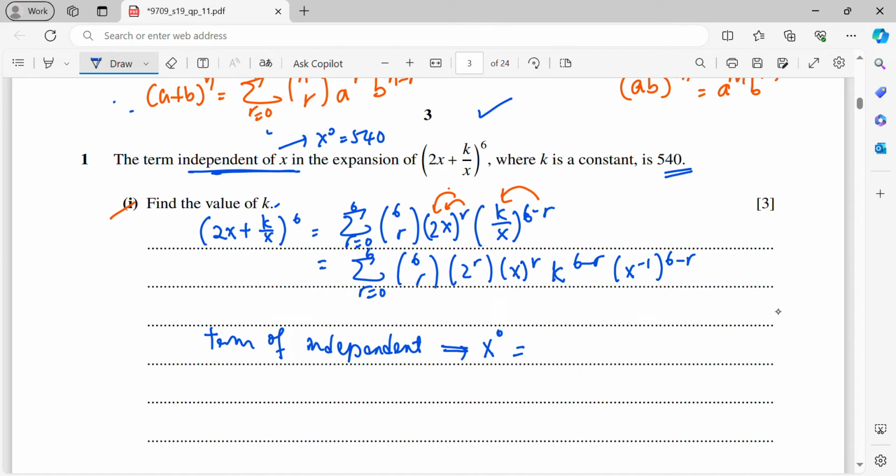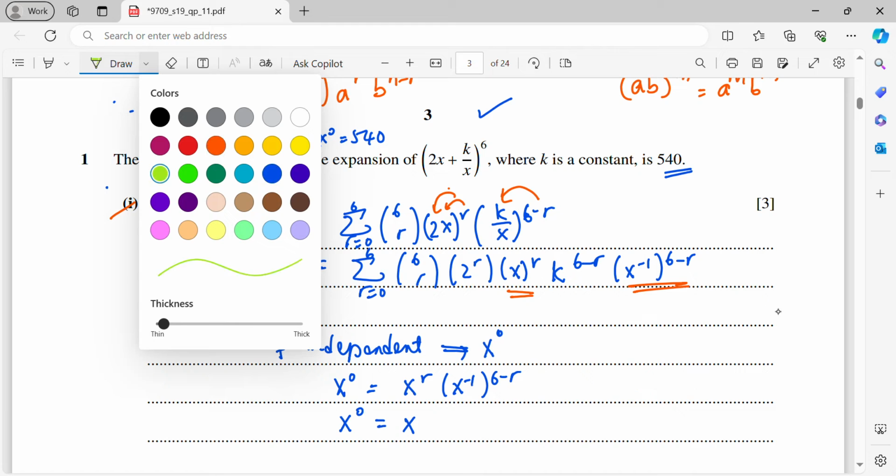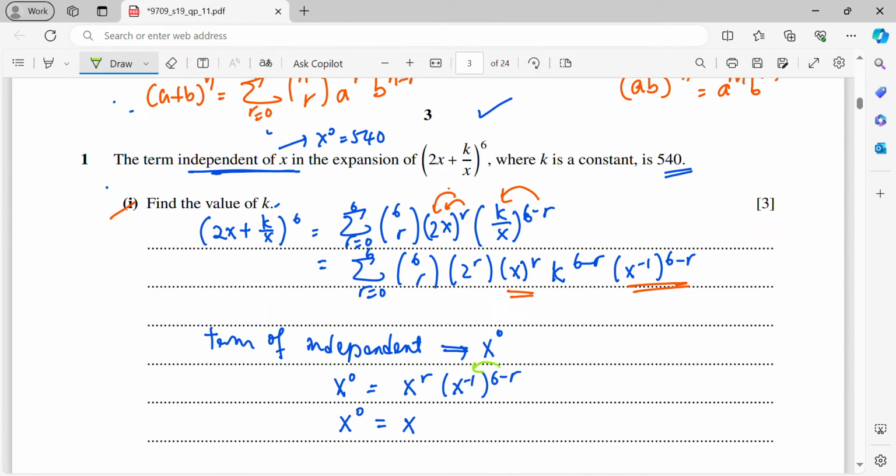That means I will be getting x degree 0 equals, now you check here, x degree r and x degree this term. So I will just combine both first. Then from here, you will get x degree 0 equals x degree, now the -1 times 6 minus r, just bring it in.